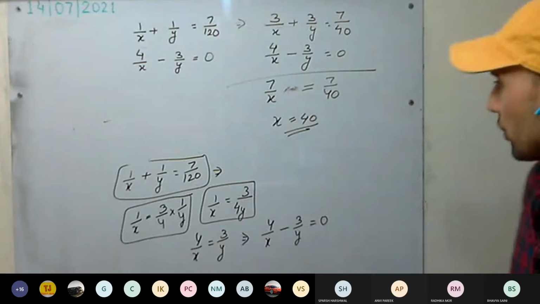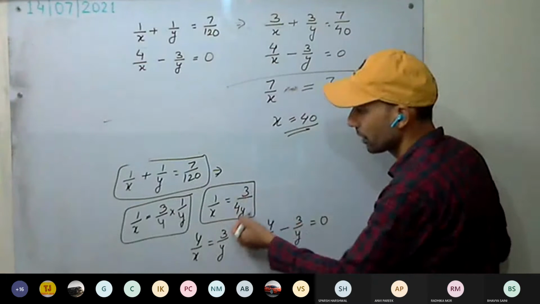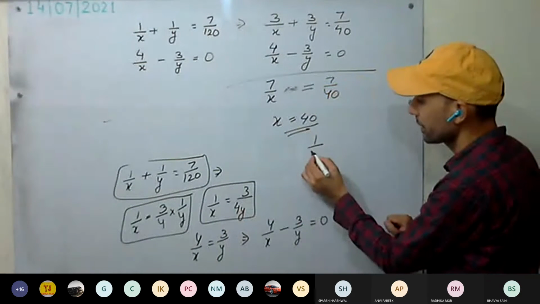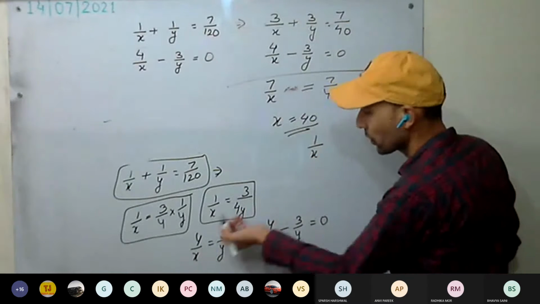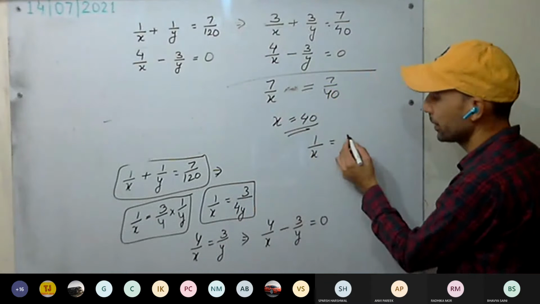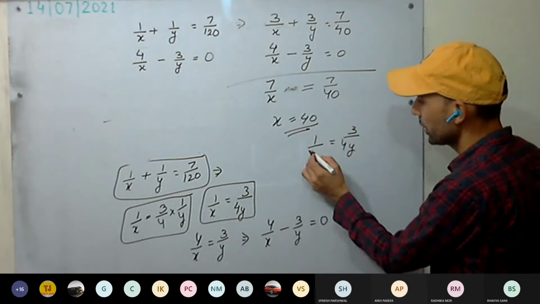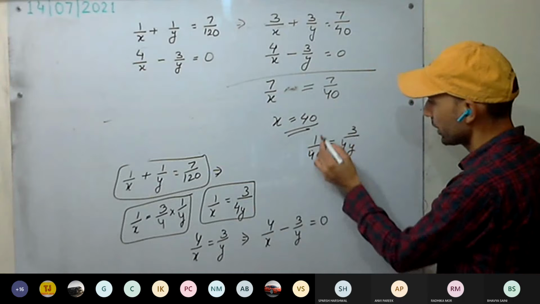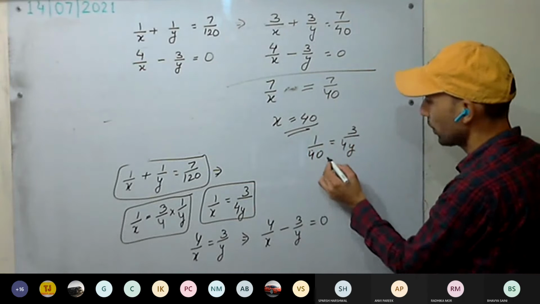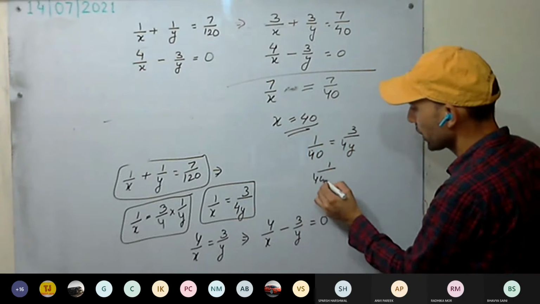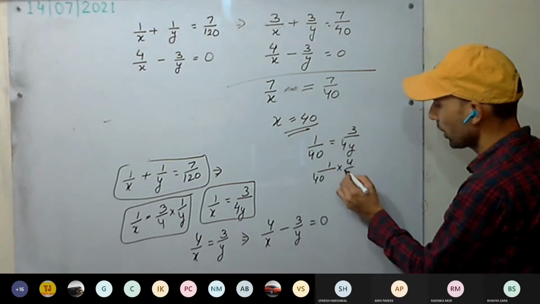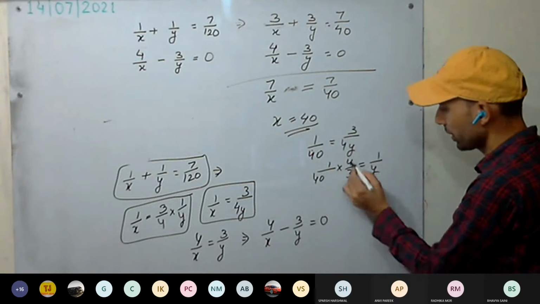Now calculate y. You can calculate y from here: 1 by x, or however you want to solve for y. 1 upon 40 equals 3 upon 4y. Take 4 on that side: 1 upon 40 into 4 upon 3 equal to 1 upon y.